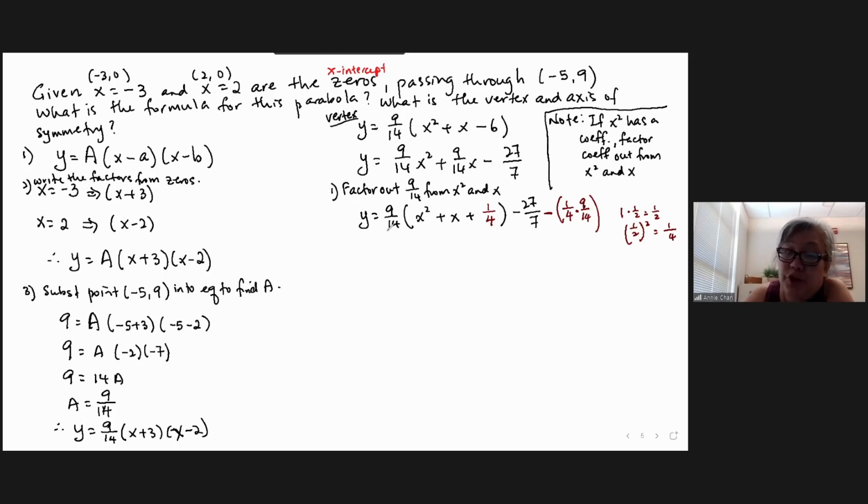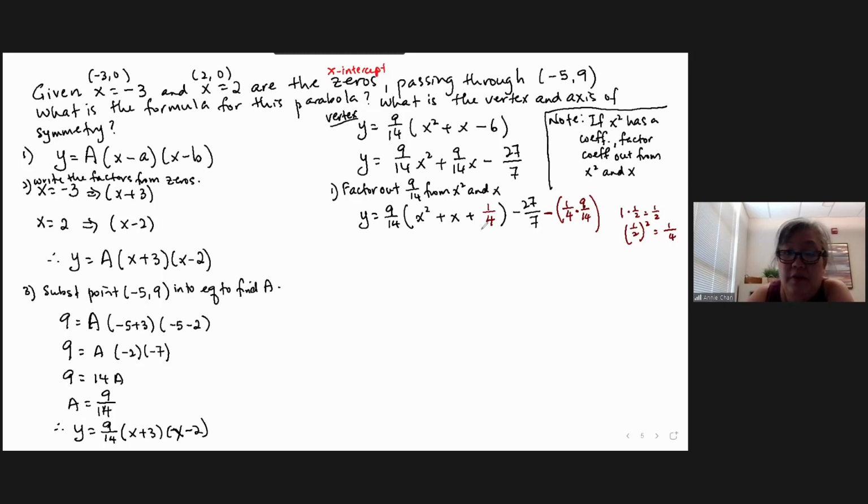When you factor the coefficient out, this 1/4 is actually 1/4 times 9/14. Okay? Do you get this? Yeah. Okay.